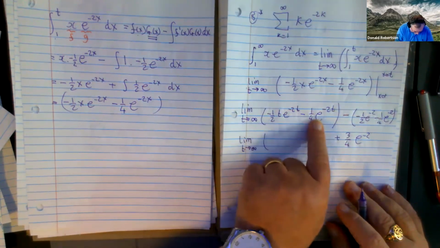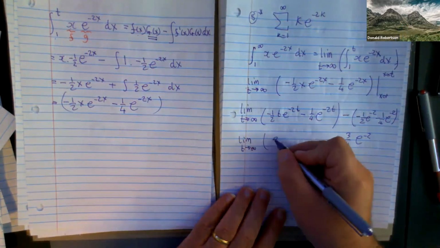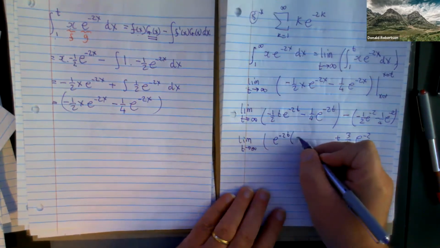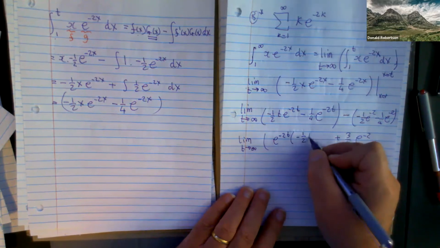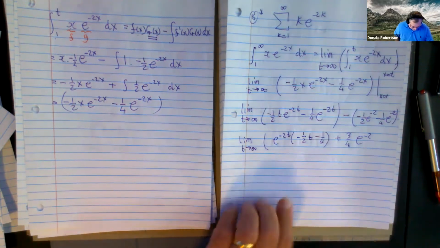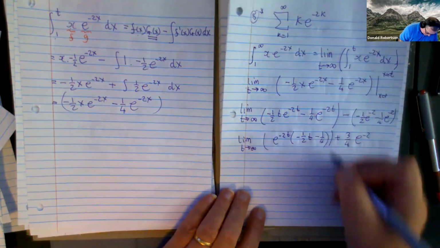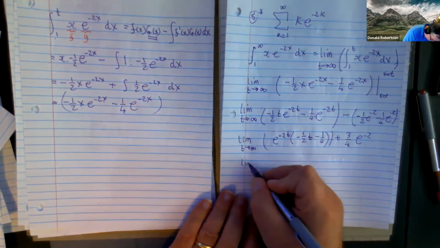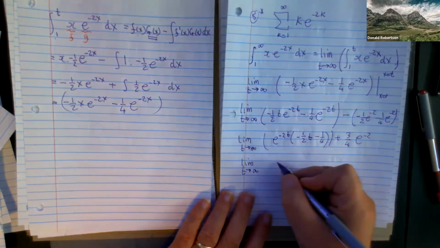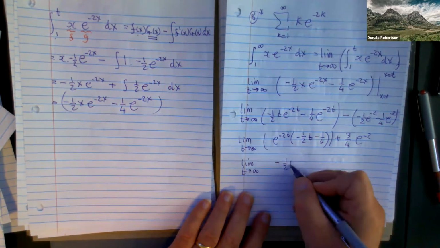This one and this one are a bit messy, so I'm going to pull out that factor, and that's going to leave me with negative 1/2 t, negative 1/4, this fella. And now I'm going to do a little bit more work, because that's not very easy to solve when t goes infinite.